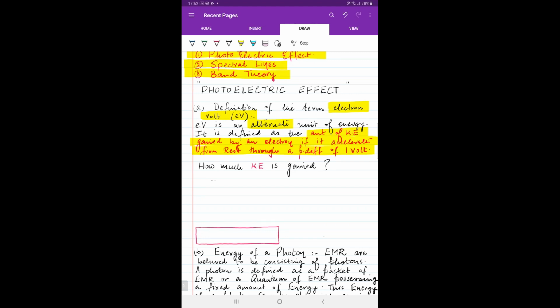So the question does arise, how much kinetic energy is the electron actually going to gain? To work that out, start with the basic O levels formula. Remember in O levels, we used to define voltage as work done. I can replace work done by the term kinetic energy upon charge.